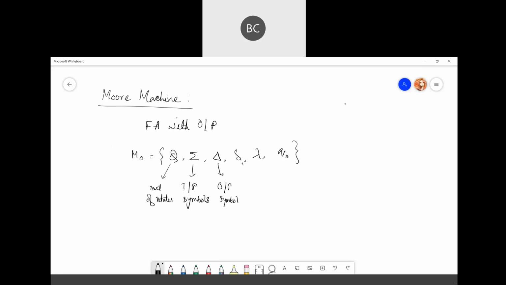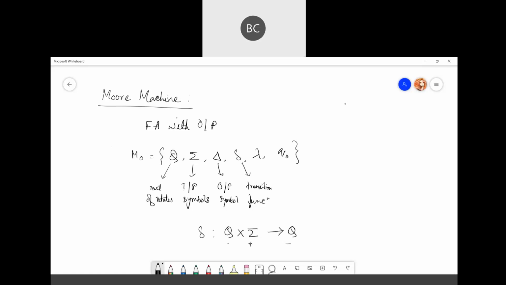Then comes our transition function. Here the transition function is the same as your DFA. That means the transition function is Q cross sigma goes to Q. From one state you are taking one input symbol and you are moving to another state.